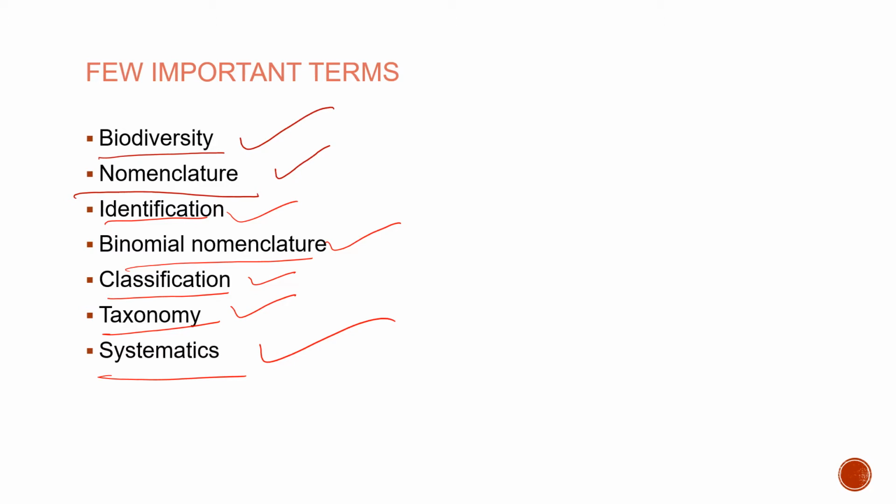So once we start with diversity, we need to learn these terms: biodiversity, nomenclature, identification, binomial nomenclature, classification, taxonomy, as well as systematics. Now let us move on to the next part.